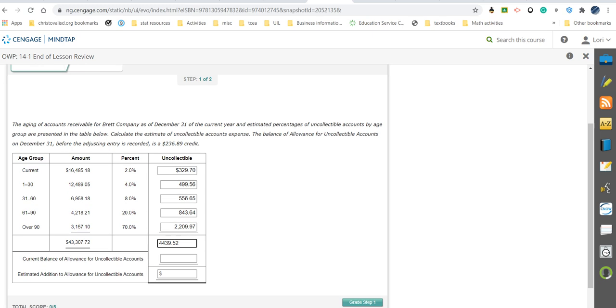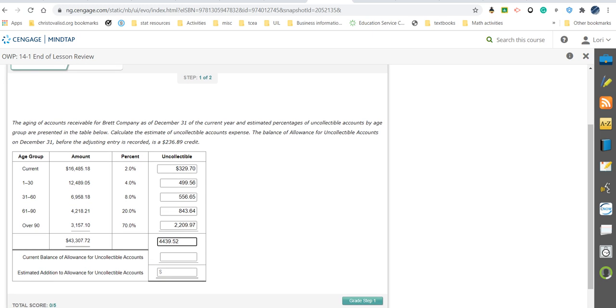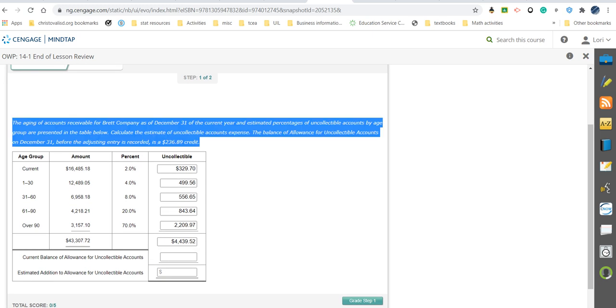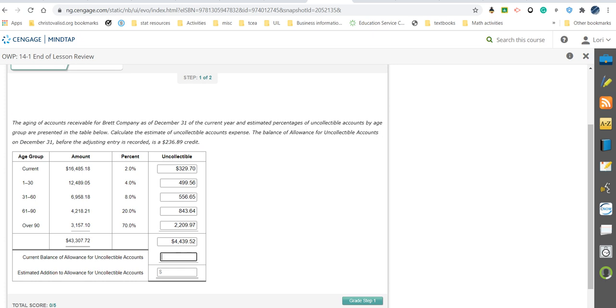So the current balance of our allowance for uncollectible accounts, it tells us up here, before the adjusting entry, we had a $236.89 credit. And we're going to subtract those two numbers because it is a credit. If it was a debit, it would not subtract.